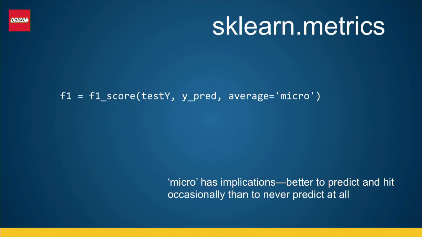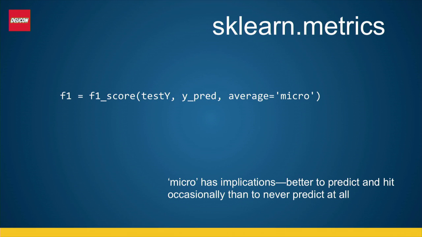So anyway, there's sklearn.metrics, which is one of the measurement packages. Calculate F1 score. So you pass in your test Y, which is the right answers, and your predicted Y. So I'll talk about X and Y. X are the features that you're given. In this case, the X is going to be some things that we've extracted from the posts that we want to use as features.